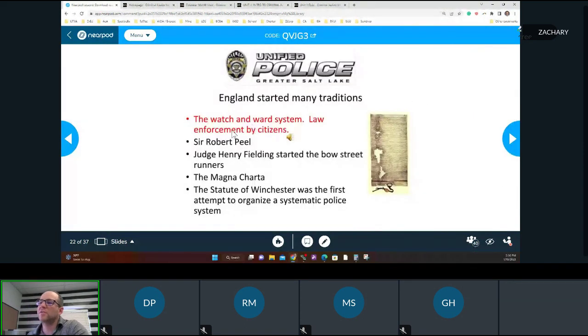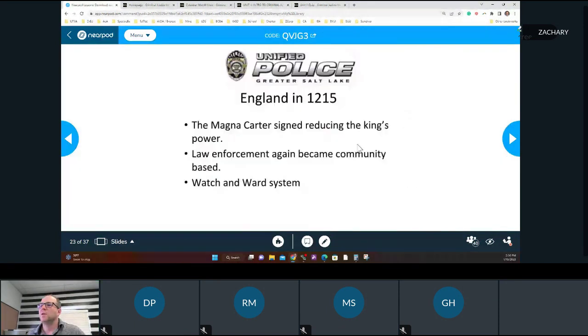Where we started to get ours from is England. They started many traditions: the watch and ward system, law enforcement by citizens, and they developed their rights. The people had rights from the Magna Carta, which was kind of like the precursor to the Constitution of the United States. Okay, the Magna Carta was signed to reduce the king's power.